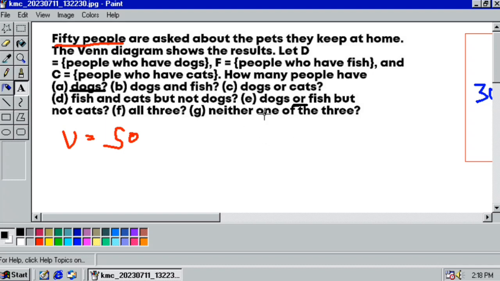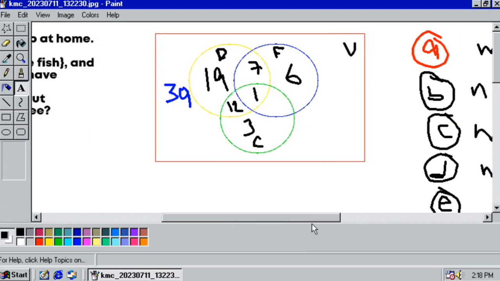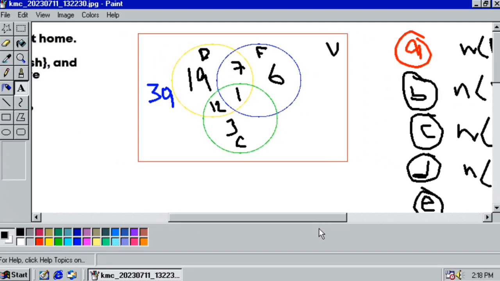So dogs or fish but not cats. So it's the dogs and fish, but it doesn't include the cats. So it will be the shaded part right here. Dogs and fish, but we're not gonna include the cats. So we're just gonna add all of these. 19 plus 6 is 25, and 25 plus 7 is 32.